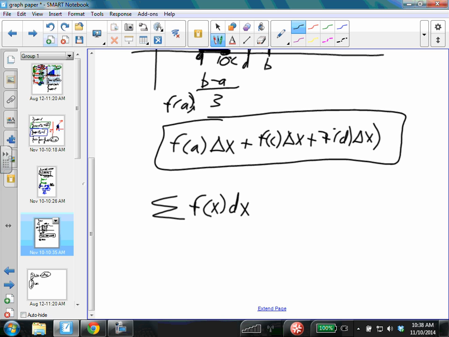So F of x is going to give us our height, okay? And delta x is the change in x. So that'll give us a rectangle, right? Okay, so we want to add up all of those. So we want to sum up all of those rectangles for every x value where x is in between, let's say, some value a and b.